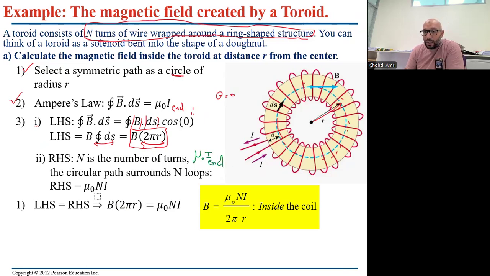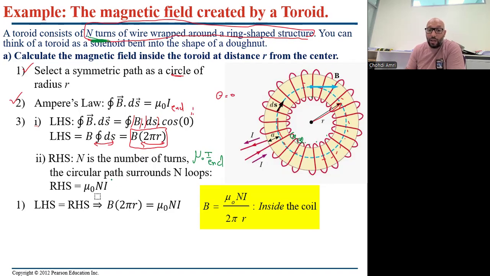However, if we look at this symmetric path in blue, how much current are we enclosing? Let's say, for example, this is current 1, current 2, current 3, current 4, and so on. So how many currents are we enclosing?